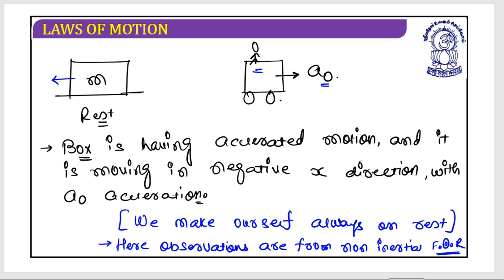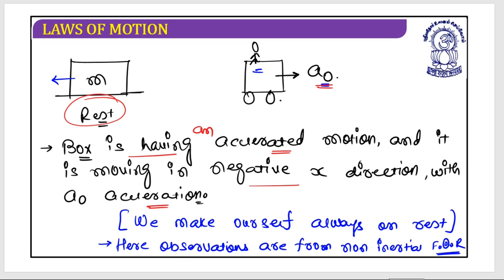Now the confusion started when you started moving in the car with acceleration a naught, but in reality the box is at rest and you are moving. Now what you observe is that the box is having an accelerated motion, moving in the negative x direction with an acceleration of a naught. Is this a correct observation?